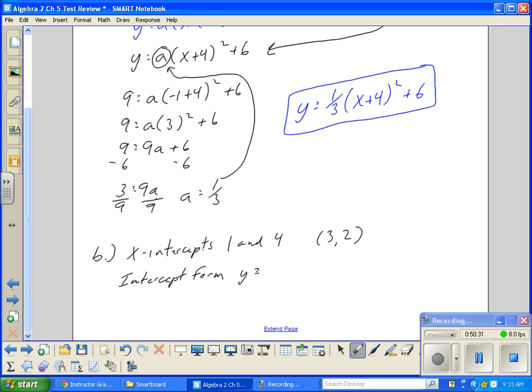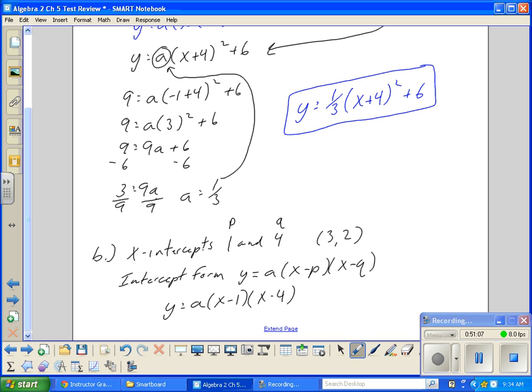which is y equals a times x minus p times x minus q, and p and q are the intercepts, so 1 would be p, 4 would be q, so that gives us y equals a times x minus 1 times x minus 4.